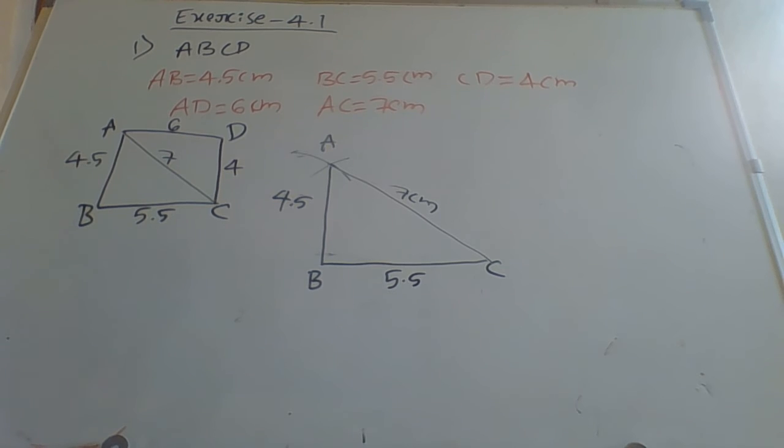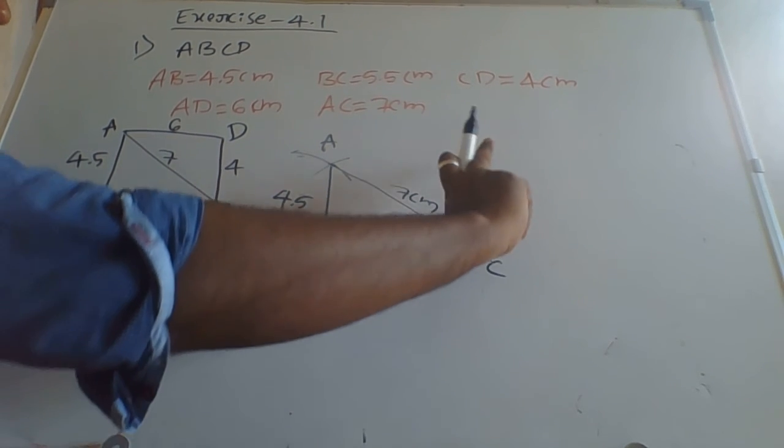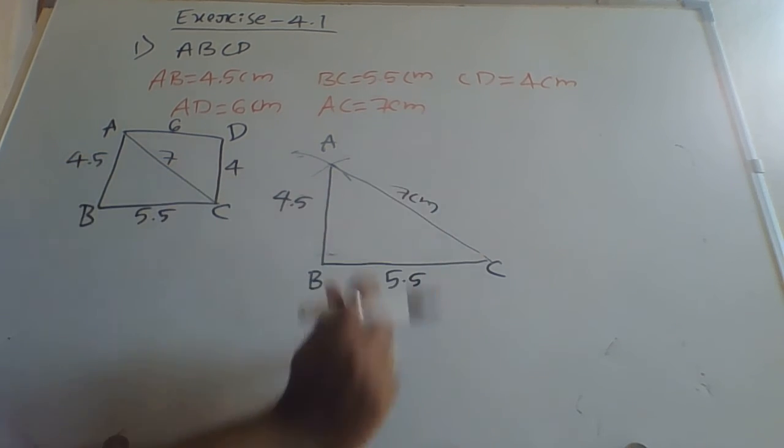Remaining is point D. To get this point D, it is 4 centimeters from point C and 6 centimeters from point A. So first I will consider a length of 4 centimeters on the compass, place it on point C and draw an arc here.